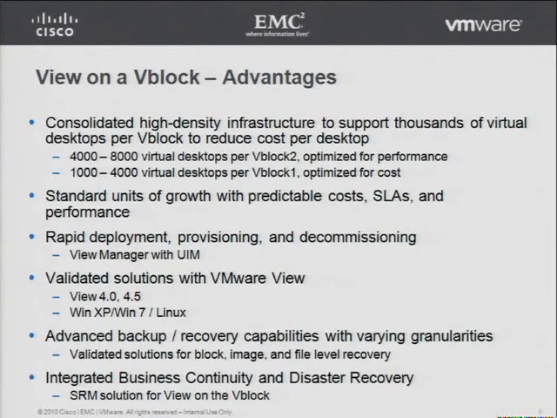We can deploy up to 8,000 VMs on a type 1 Vblock, which is based on unified storage. The reason we call it unified is we can do file, block, and every kind of service in the same box. It supports 1,000 up to 4,000 desktops on Vblock 1, and up to 8,000 desktops on Vblock 2.